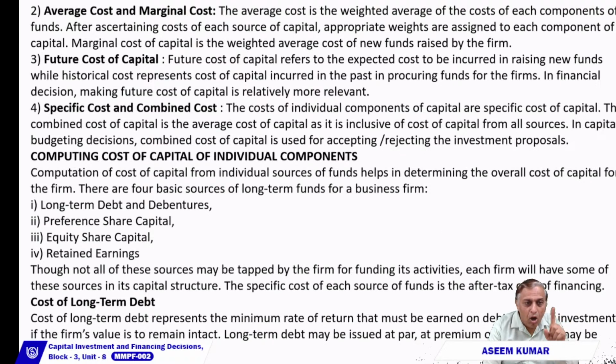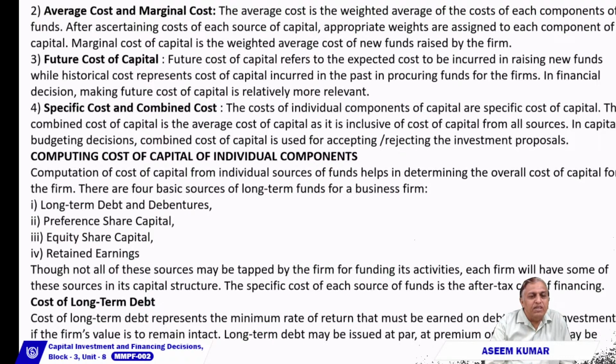First, the long-term debt and debentures. Second one is preference share capital. And the third one is equity share capital. While these are funds from outside, the retained earnings are the internal funds which you earn out of profits.